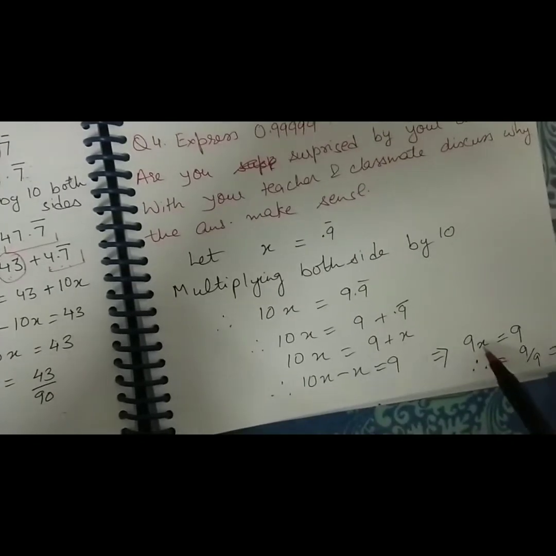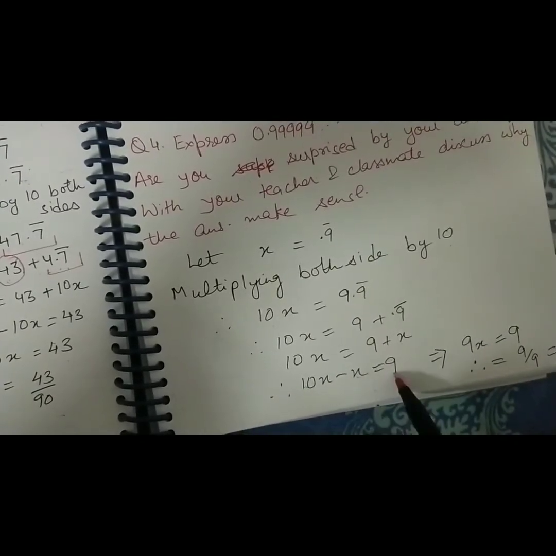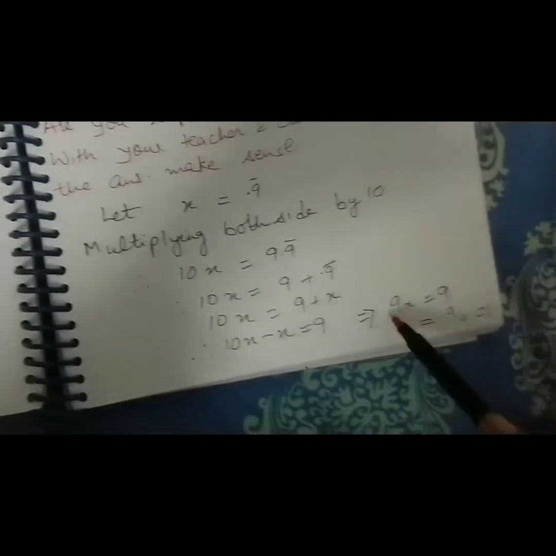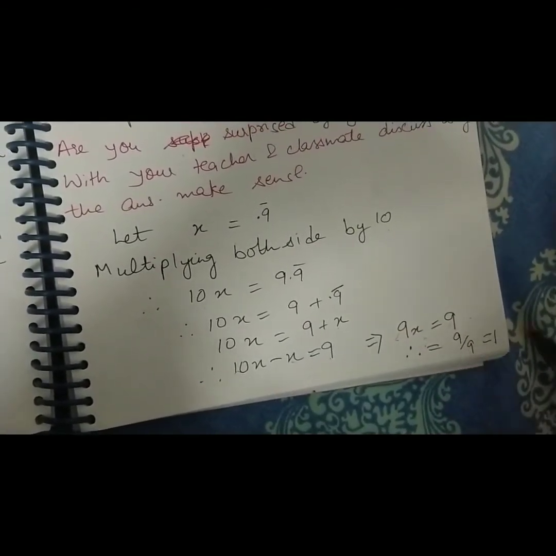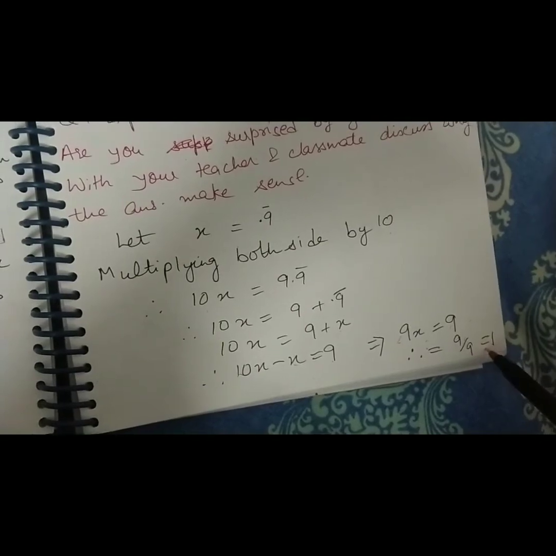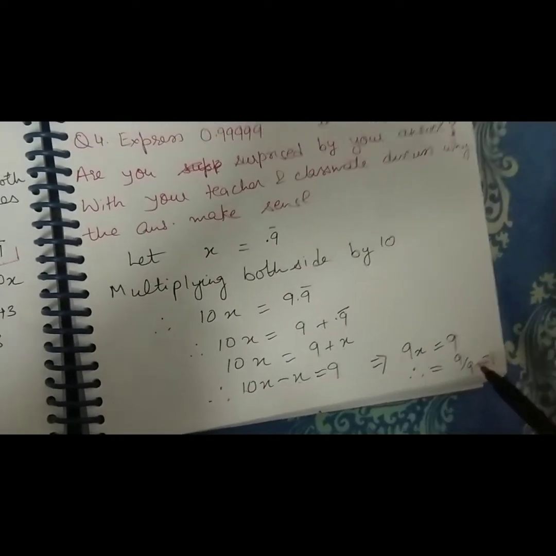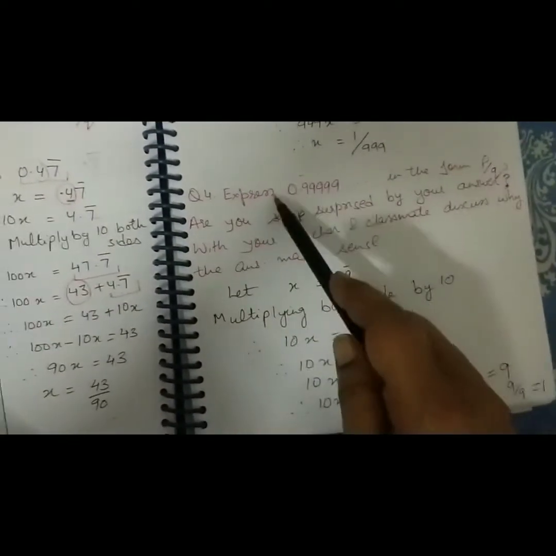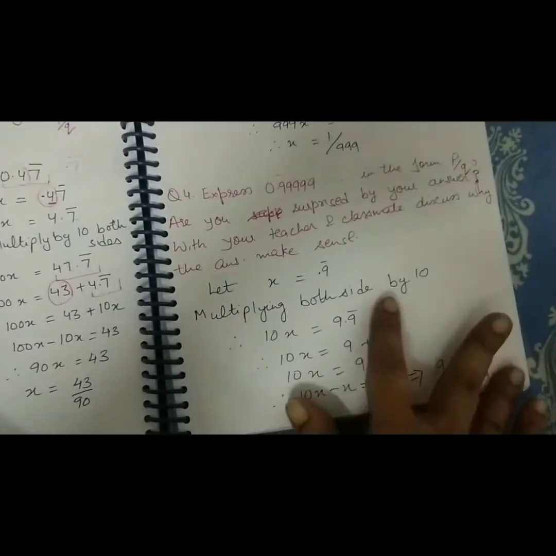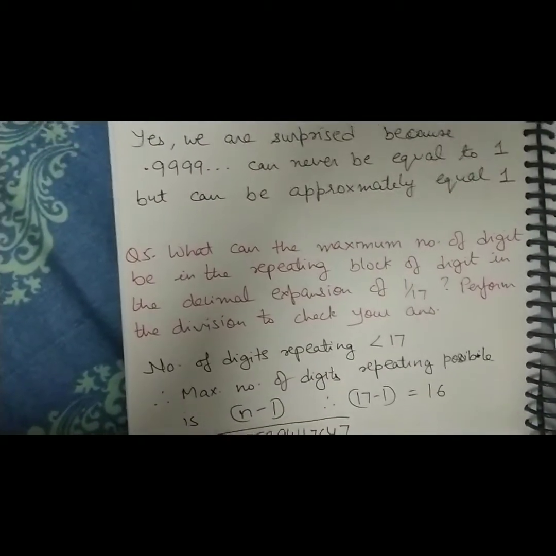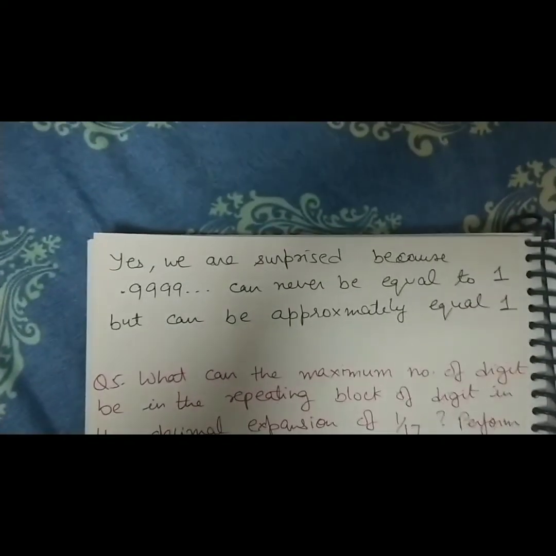Then we get 10x minus x is equal to 9. Then 9x is equal to 9. Therefore x is equal to 9 upon 9, which is equal to 1. How could this be possible? Because 1 can't be equal to this. But 0.999 is the approximate value of 1.